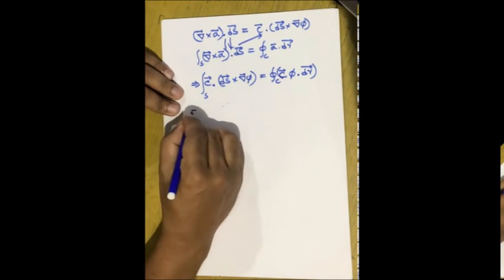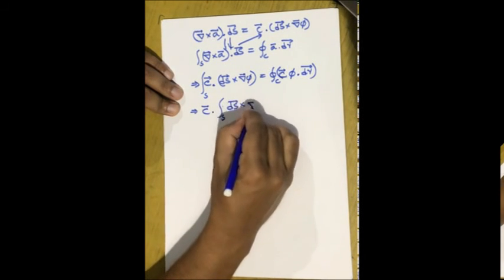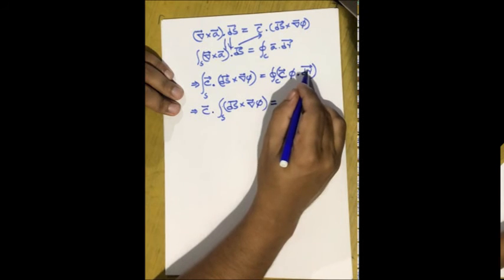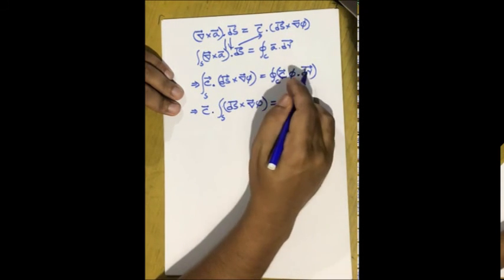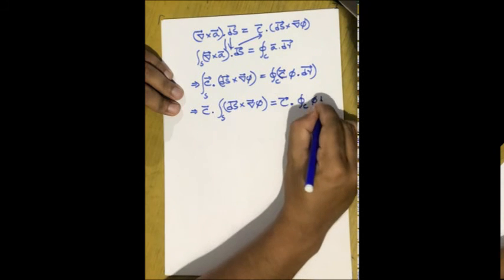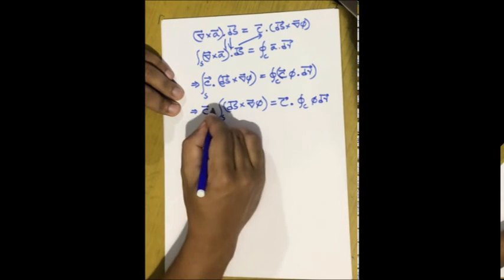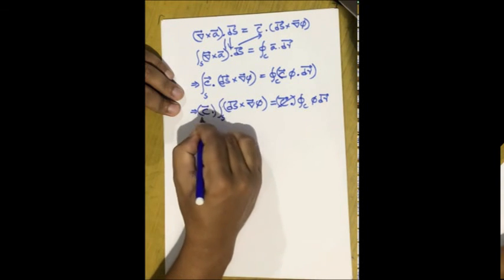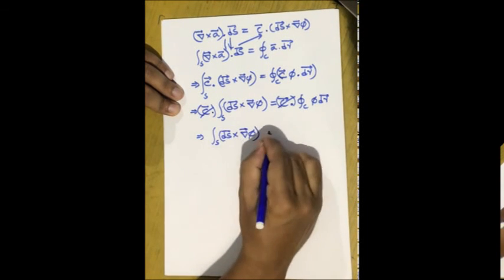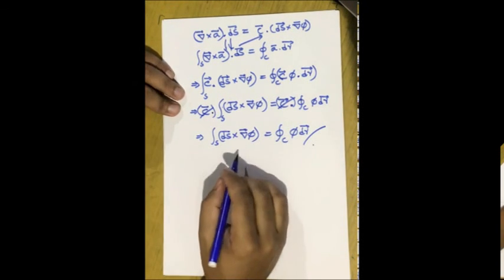So C dot, with the dot product outside the integration sign, ds cross del phi is equal to C dot the integration of phi dr. Phi is a scalar quantity, so we consider the ordinary product between phi and dr. Now we can cancel out this term C. So surface integration ds cross gradient of phi is equal to line integration phi dr. This is what we needed to prove. Hence proved.